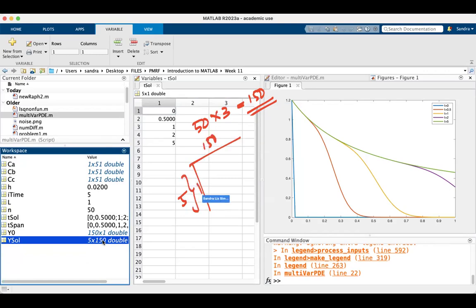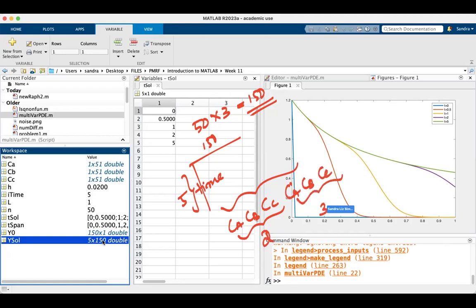The rows correspond to time. And the columns correspond to CA, CB, CC at grid point 2, and CA, CB, CC at grid point 3, and likewise it will go until CA, CB, CC at grid point n plus 1.